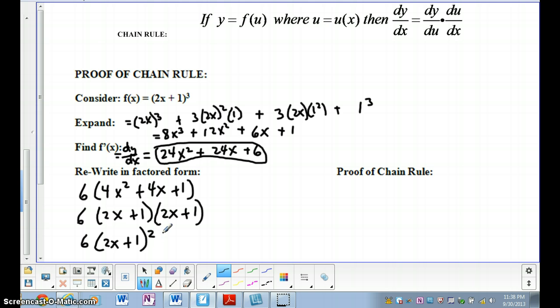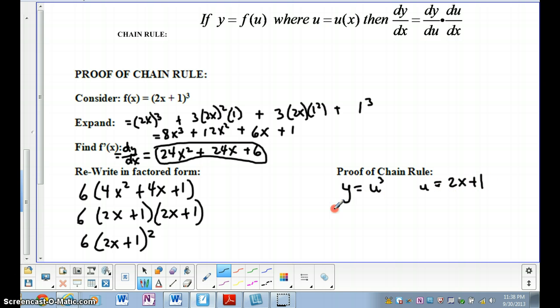Okay, so proving the chain rule, we're going to find the derivative with respect to x using the chain rule. So first, what is our y? Our y would be u to the third power. And then our u is our 2x plus 1.